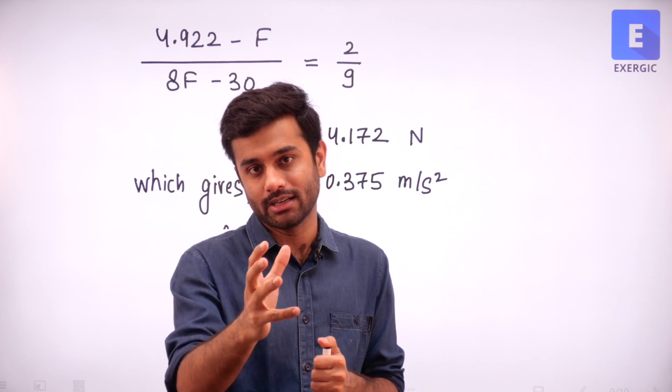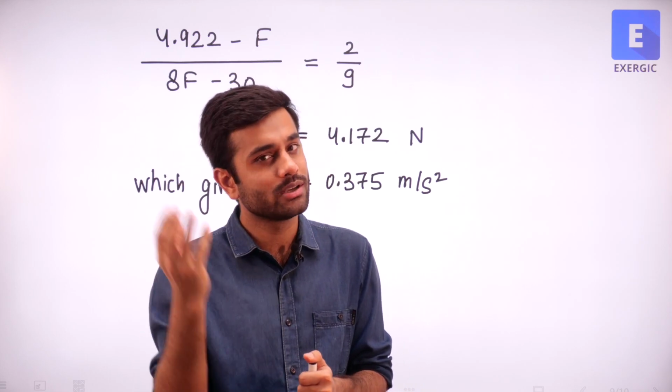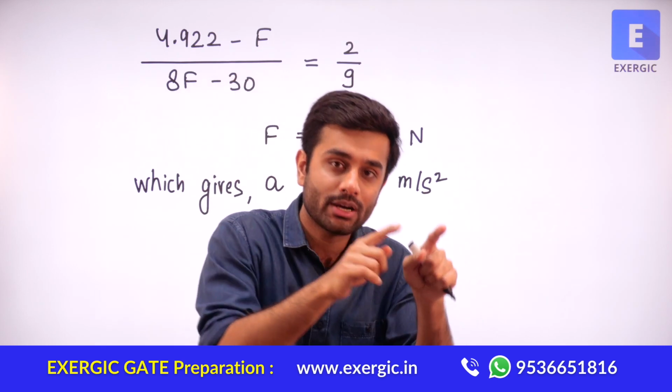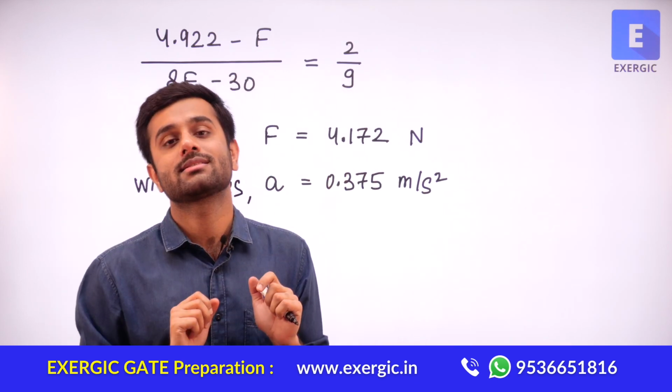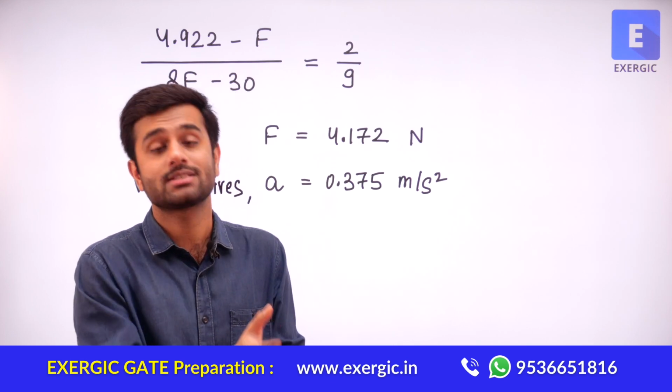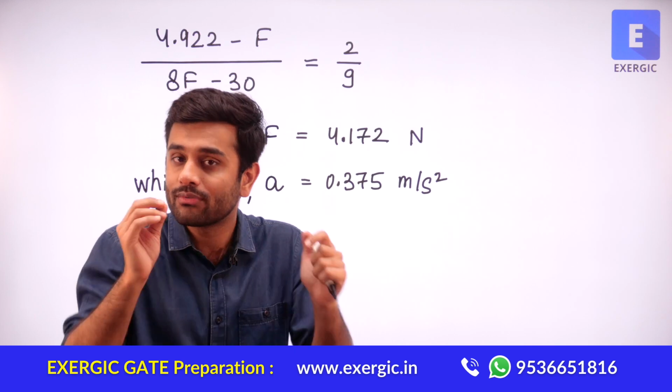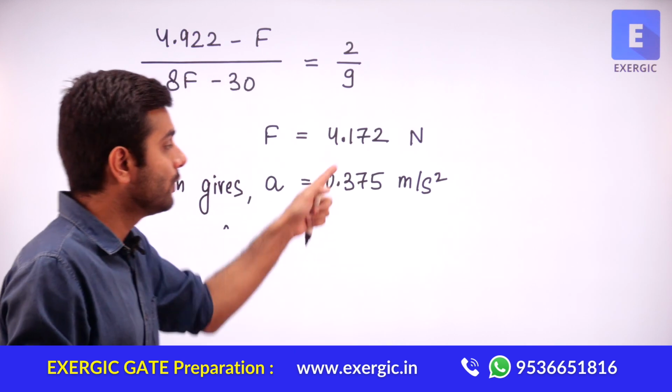That's the idea behind this. To find out final velocity, we require acceleration. To find out acceleration, we need to do force analysis as well as the rotational analysis, basically the pure rolling analysis. After that, we will be able to find out acceleration, which we have done here.